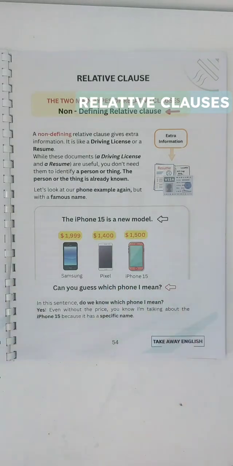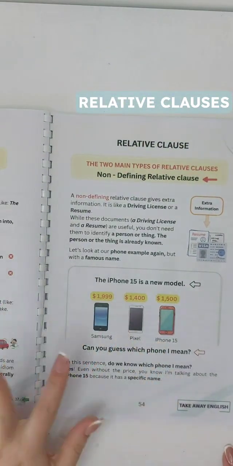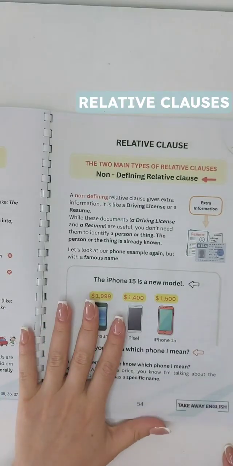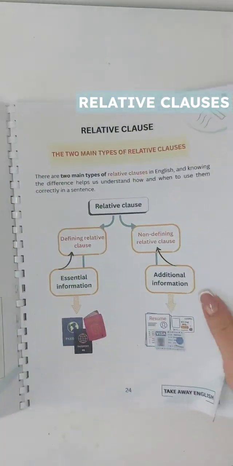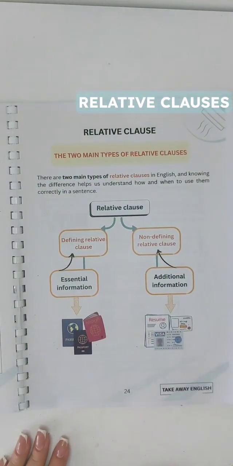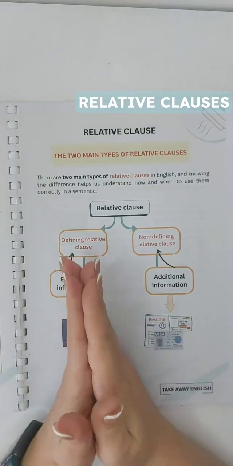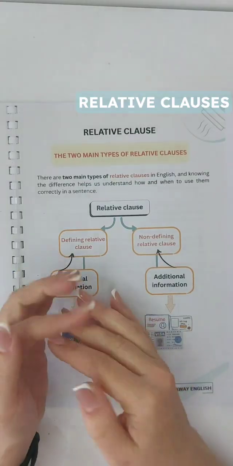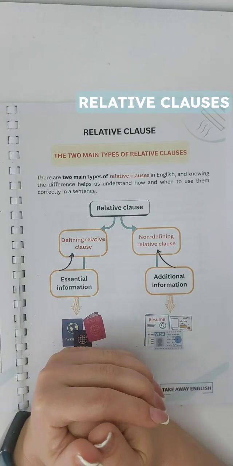That is a non-defining relative clause, okay? Non-defining relative clause. Okay, now we have an idea of the difference between defining and non-defining relative clauses. Now let's go deeper and learn the relative words that are used in defining relative clauses. Okay?